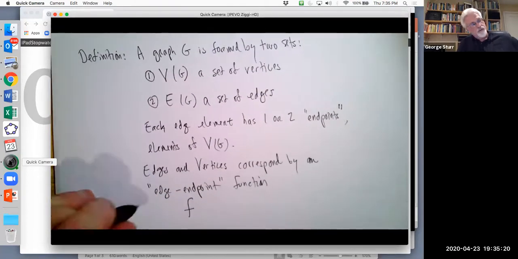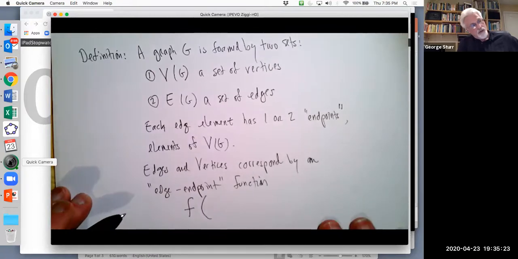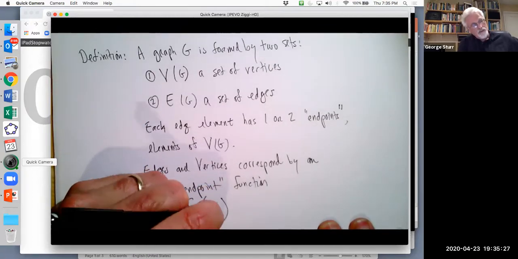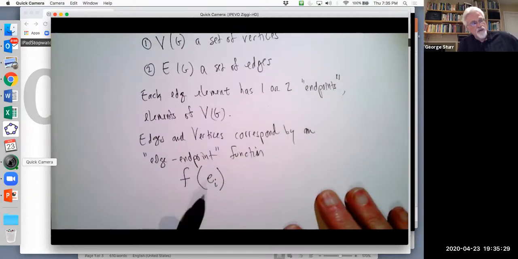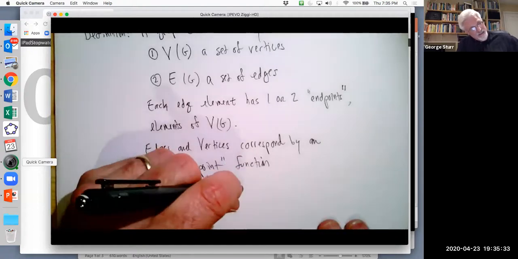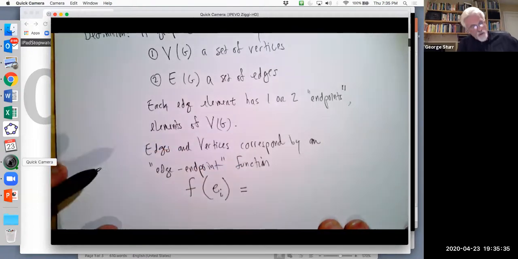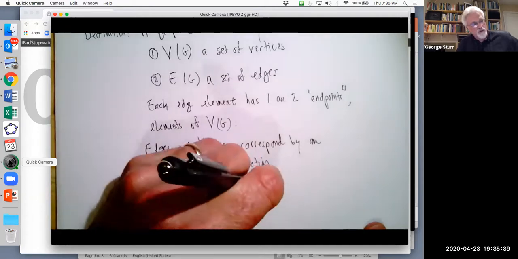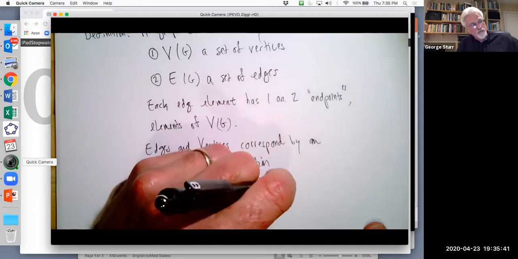There's an actual function for which the domain is the set of edges, and we're talking about f of e of i. The codomain would be a set of endpoints, either one or two.